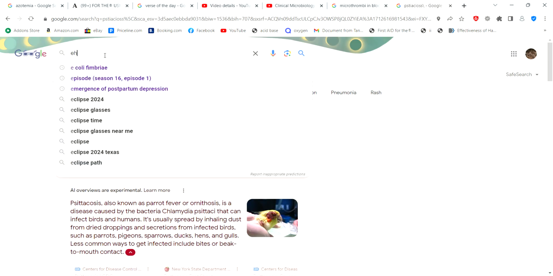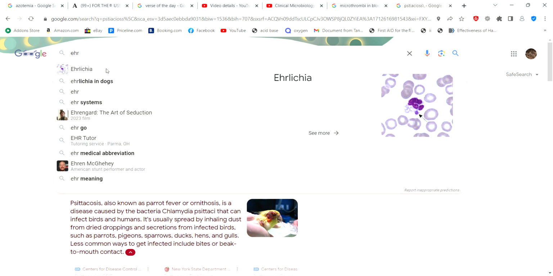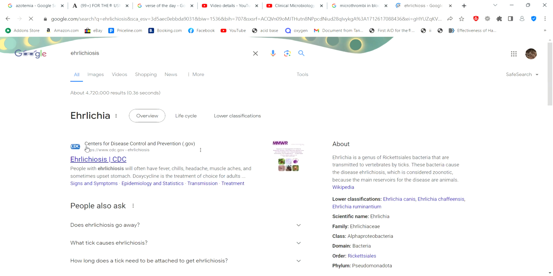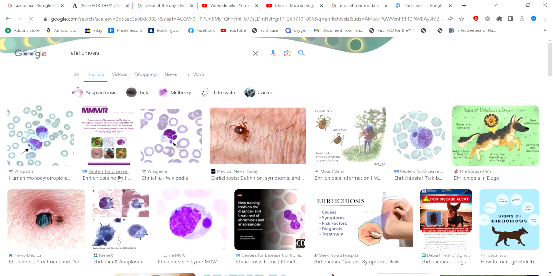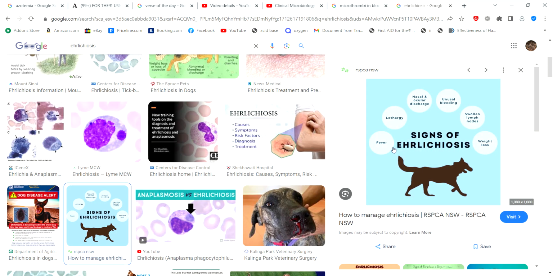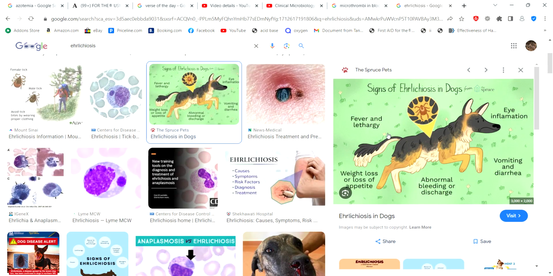Ehrlichiosis, what is that? Signs of fever, lethargy, nasal and ocular discharge, unusual bleeding, swollen lymph nodes, weight loss. Vomiting, diarrhea, weight loss.